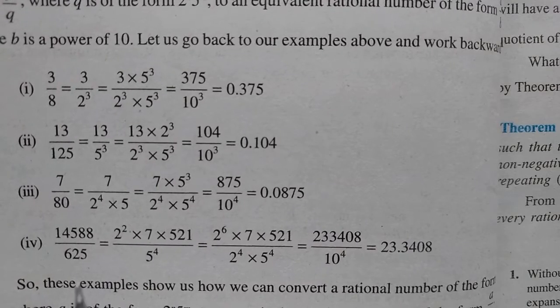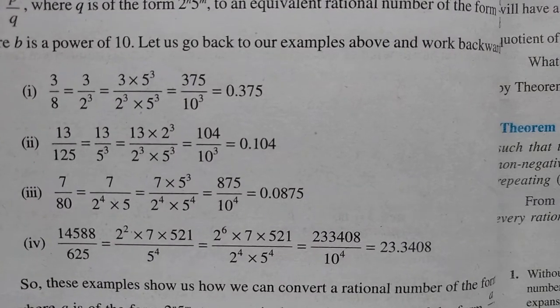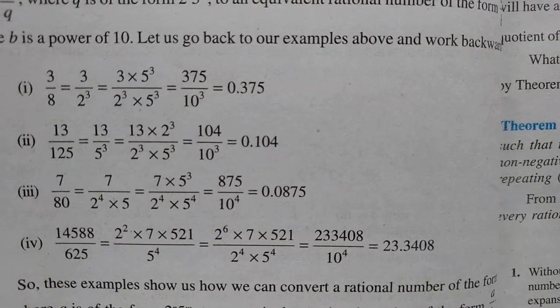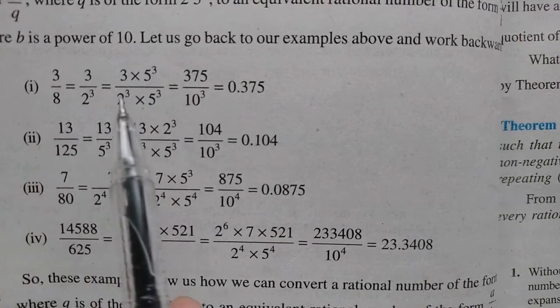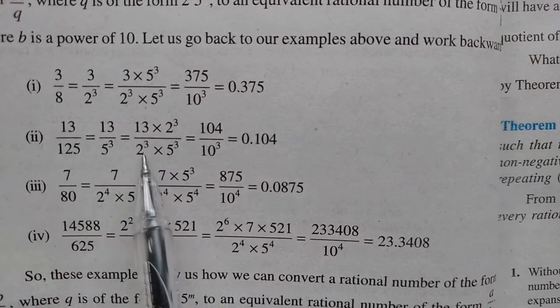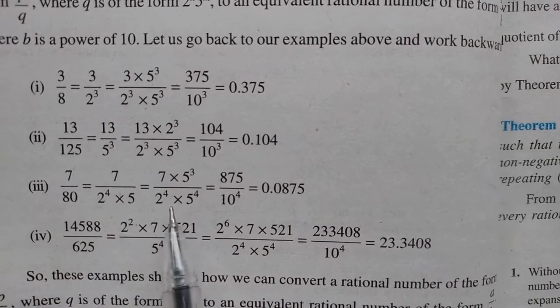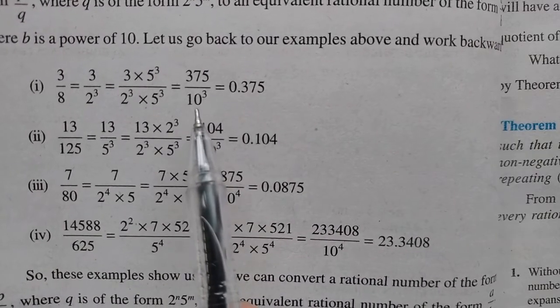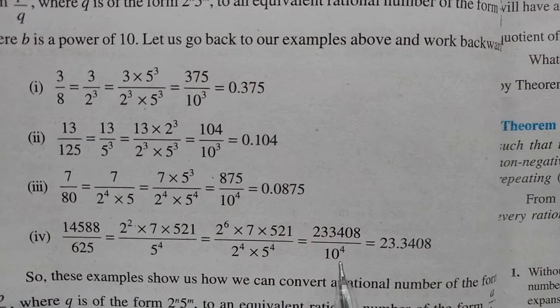Okay, so from this we make a conclusion, and let us see that conclusion. This 8 is given, so 2 and 5; this 125, 5; 80, 2 and 5; 625, 5. So everywhere, now you can see that you are getting 10.